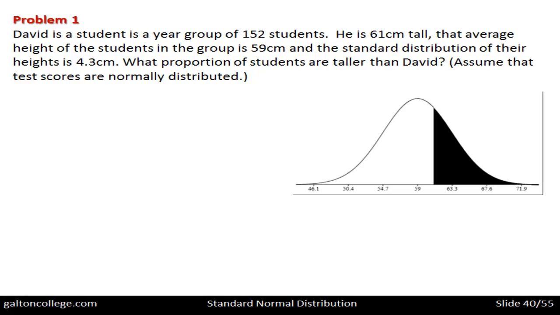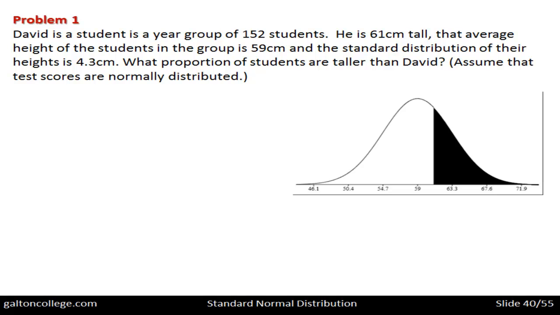Well, if we imagine the distribution to be like this, we know that the average is 59 centimeters, so we draw 59 as the average. That's the central point, the point of the axis on the distribution. So it's the axis of symmetry.